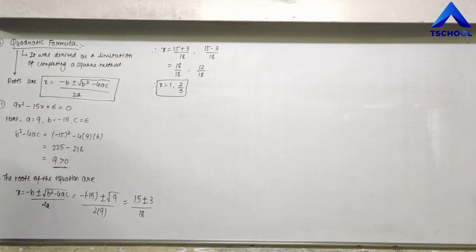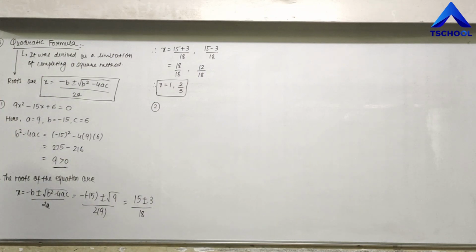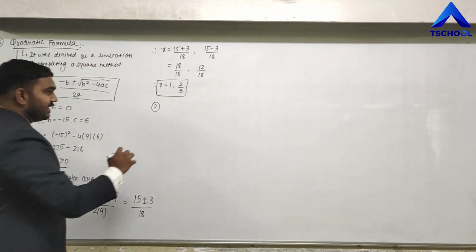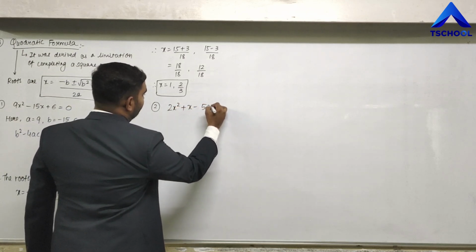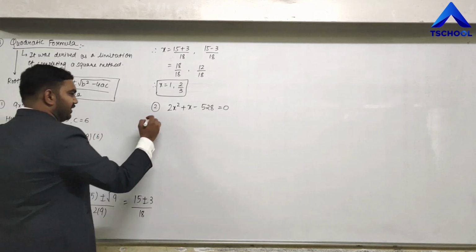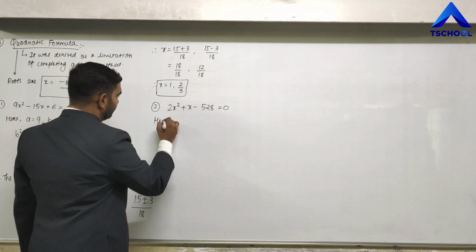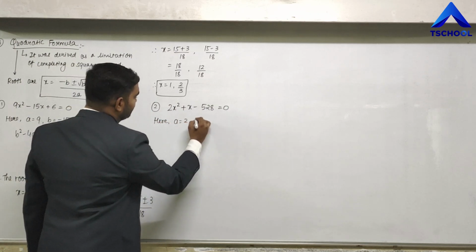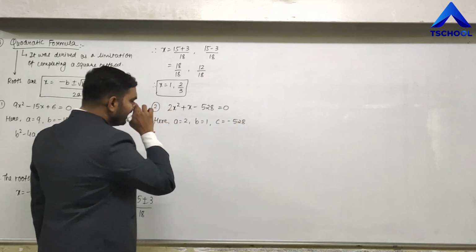I have one more equation here, that is 2x square plus x minus 528 equal to 0, right? Again check that this equation has coefficients a equals 2, b equals 1 and c equals minus 528.